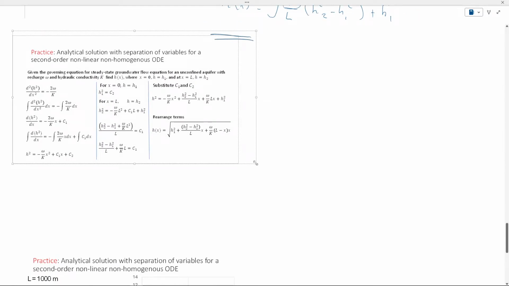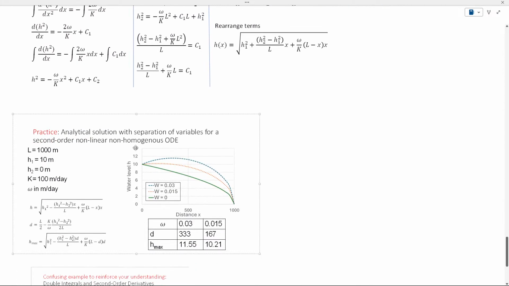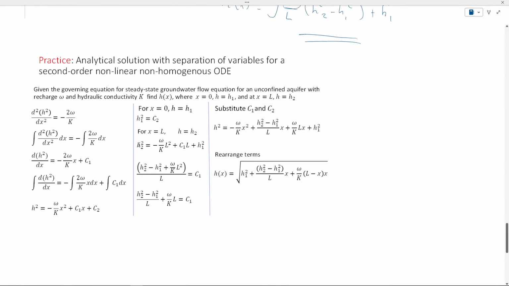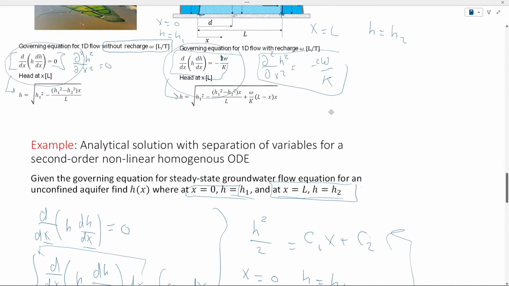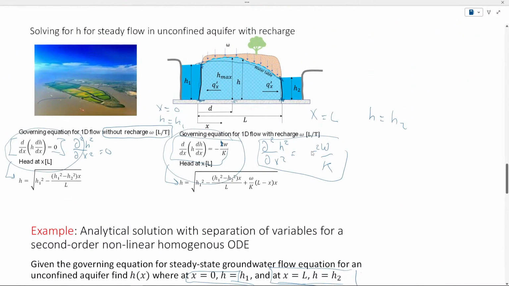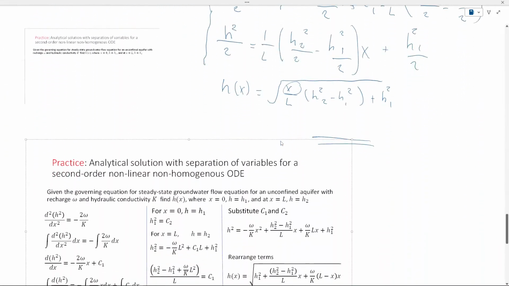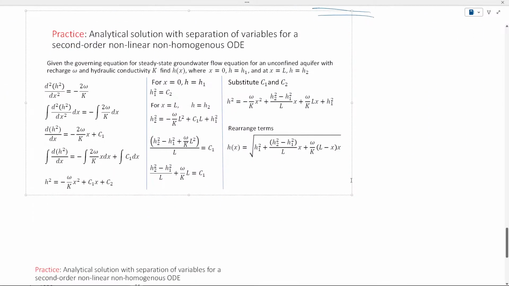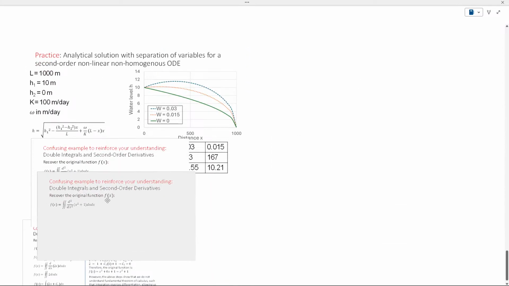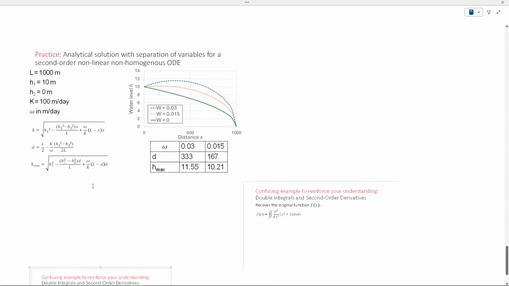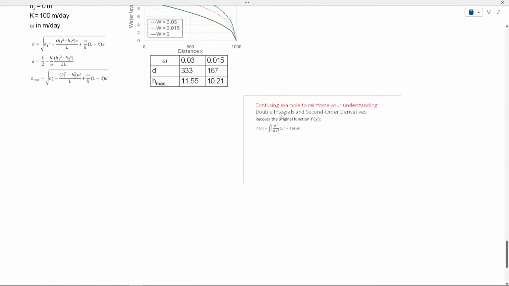This is a practice problem. That's basically me solving this guy here. I will show this in the tutorial section, how to solve this practice problem.